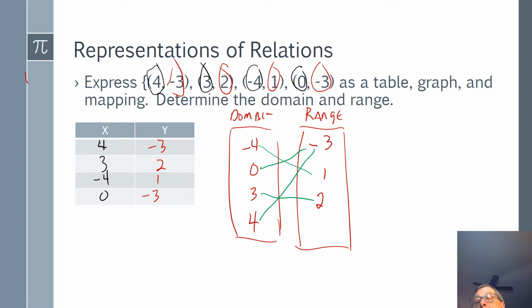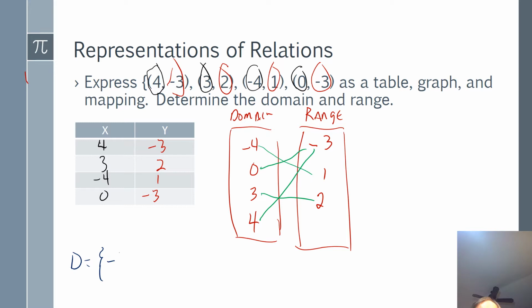Now we're going to do the graph on the next slide, where we graph these ordered pairs. But let's go ahead and define our domain. So our domain is equal to, we'll put a little bracket, and I am going to put these in order lowest to greatest.